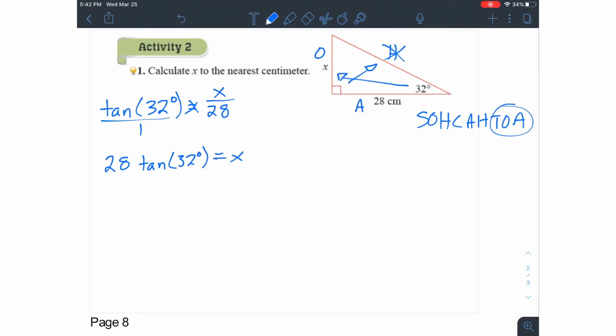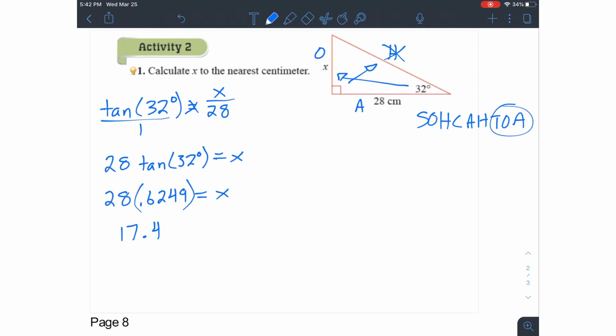And then we can put tangent of 32 into our calculator. We get 0.6249. Like I said before, it is okay to round when you are doing your work, but in your calculator, please keep the exact value. So I'm just going to multiply the full set of decimals by 28, and I find that the answer is 17.496.